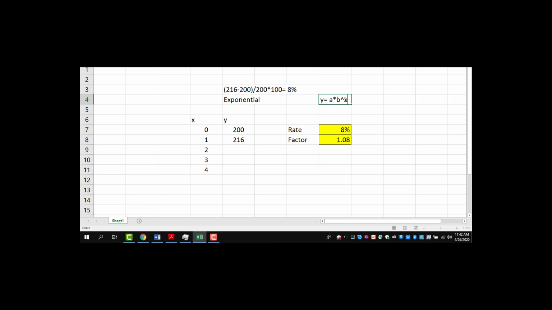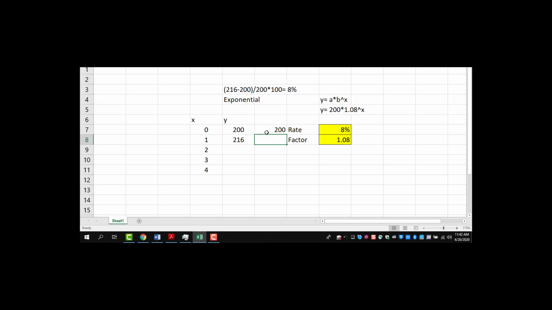But any number raised to the 0 power is 1, so you get the original value. So I already got part of this built just by looking at it. There's the initial value. There's the rate. And then it is the input. I'm going to start here. I'm just going to put 200 because that's what I've got.